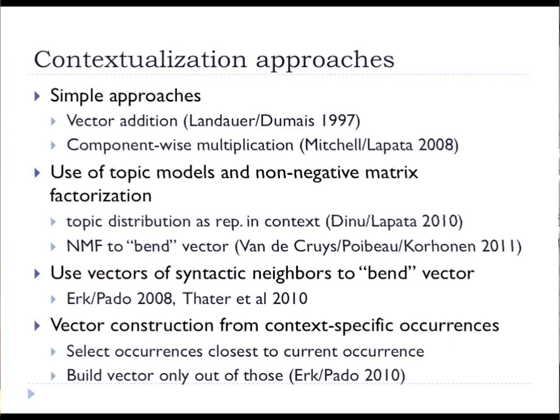You can also use vectors of syntactic neighbors. Topic models and likewise the vector addition use the whole sentence as a bag of words, whereas some other approaches only look at the syntactic structure. So you have catch, flu, and if you had a larger sentence with a lot of other things, those would not be used, but only the direct syntactic neighbors of the word that you're trying to disambiguate.